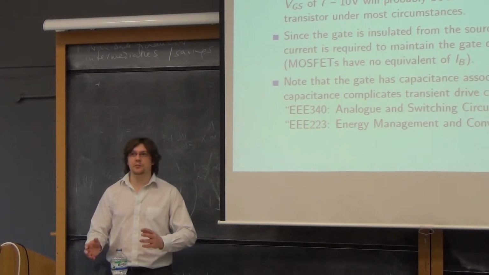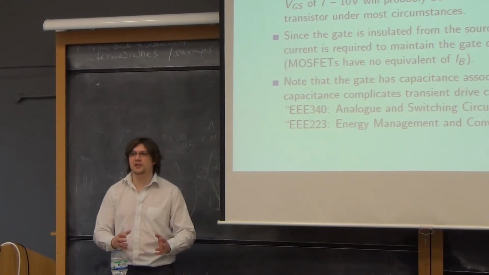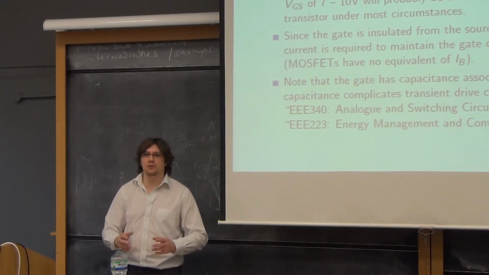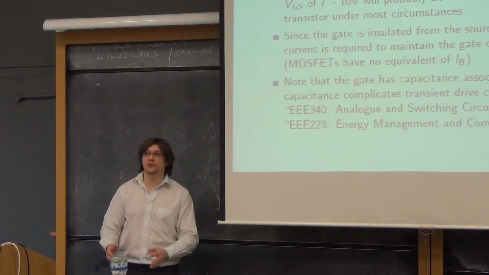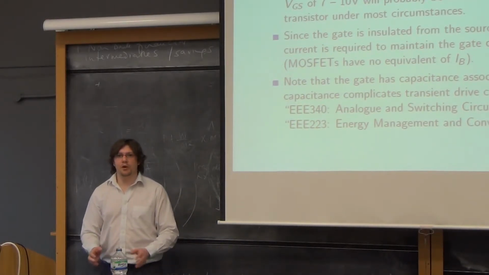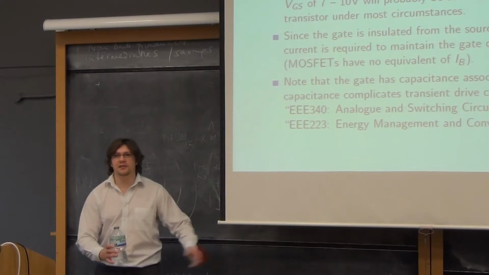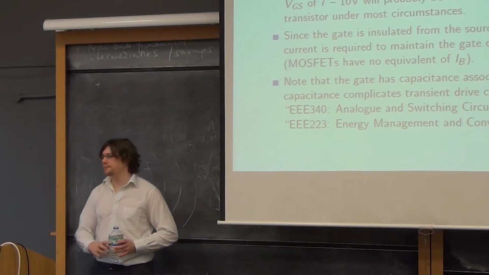In that time, you'll dissipate some power, and that power dissipated in that switching event is called the switching losses. They are usually much more significant than the on-state losses. But we won't deal with switching losses here. That's purely for your interest and amusement.